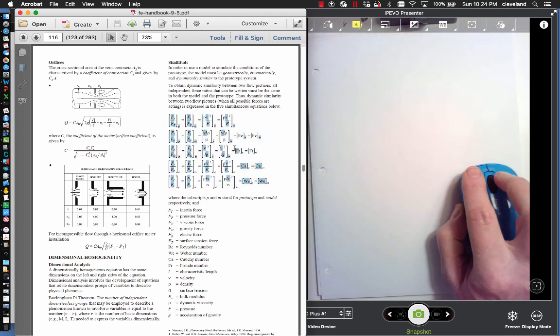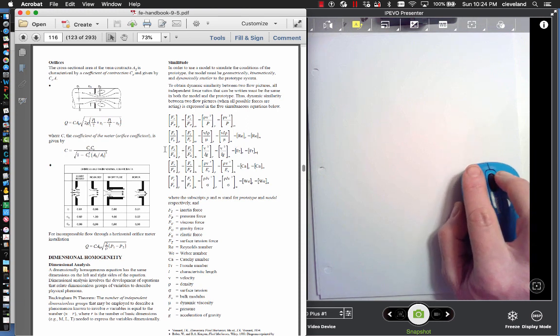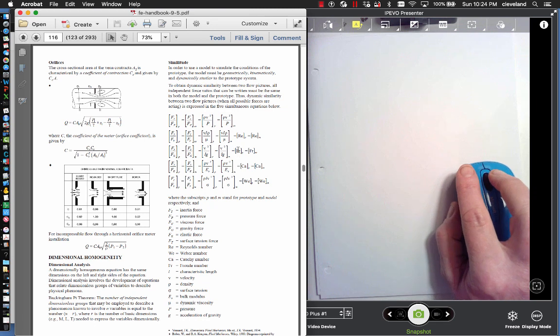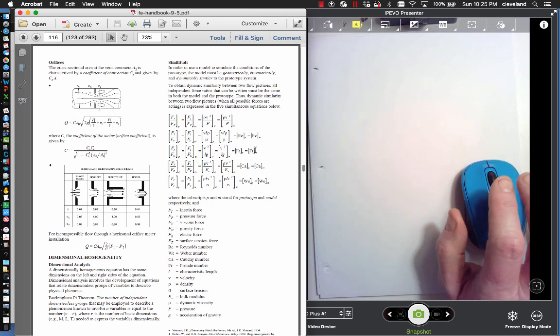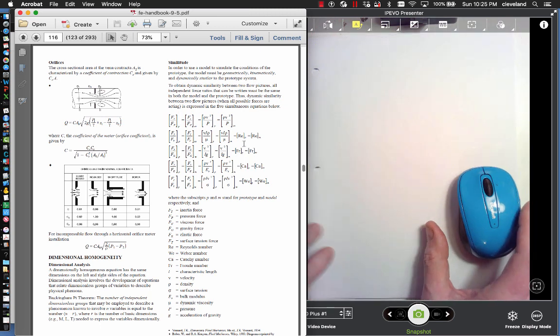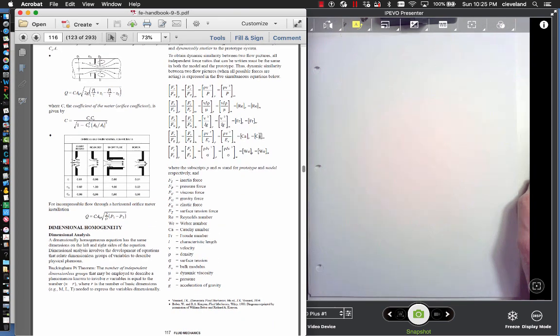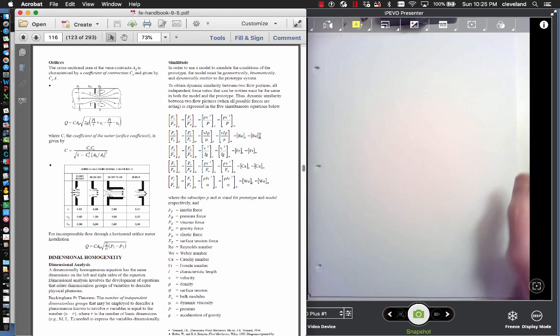We're interested in this line right here, where the cursor is moving back and forth, where the Froude number of the prototype is equal to the Froude number of the model. So this is from page 117, Fluid Mechanics.